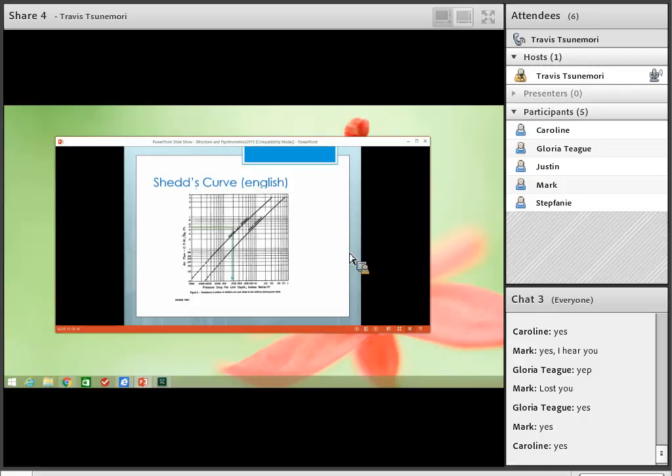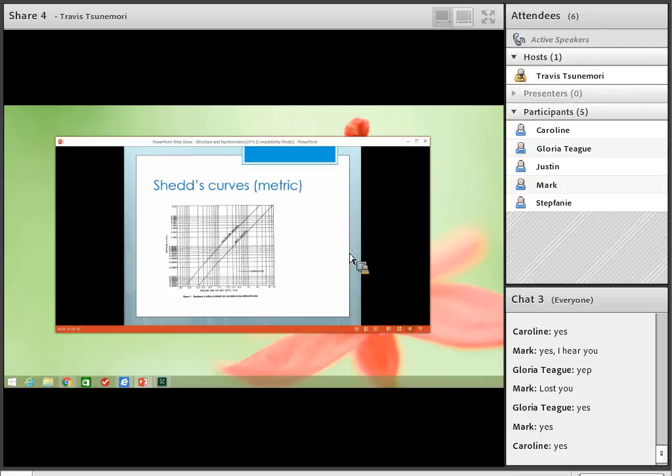And then we would multiply by the depth of grain that we have in order to compute our overall pressure drop. We also have Shedd's curves in metric units, because we will see both. It's possible to see both sets of units on the exam.